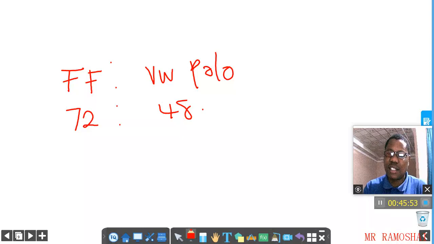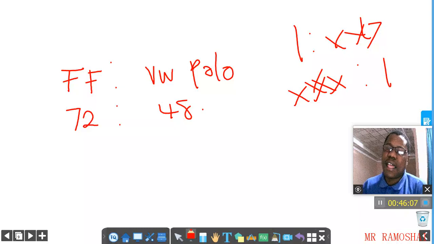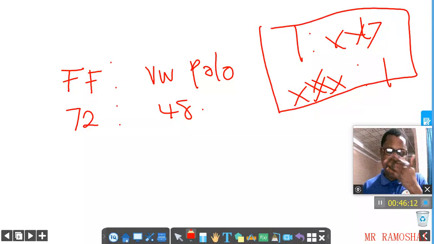There's a difference between a simplified ratio and a unit ratio, right? A unit ratio is always expressed as 1 to something else, or something else to 1. This is a unit ratio.